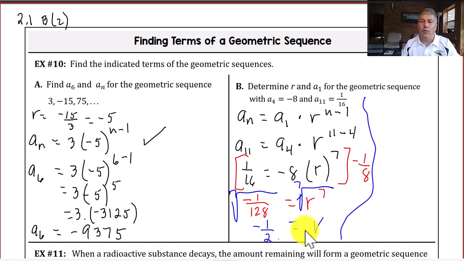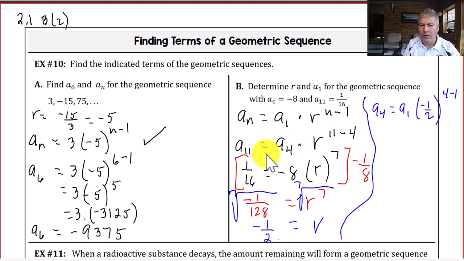So now that I know my r is -1/2, I can use one of these two. I think I'm going to use a sub 4 and plug it back into my formula. I can say a sub 4 now is equal to a sub 1, the one I'm trying to find, times my r that I just found, -1/2, to the 4 minus 1. So I'm doing the same thing I did in part 1 where I solved for r, but now I'm solving for a sub 1.